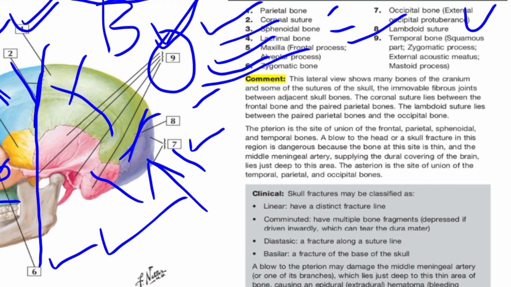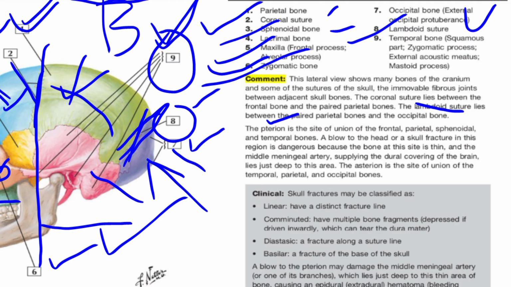This is the frontal bone, and this is the parietal bone. I told you before, the coronal suture is between them and joining them. And the lambdoid suture, the 8th label, lies between the paired parietal bone and the occipital bone. You can see parietal bones are in pairs and the temporal bone is also in pair. It is present on the right and the left.